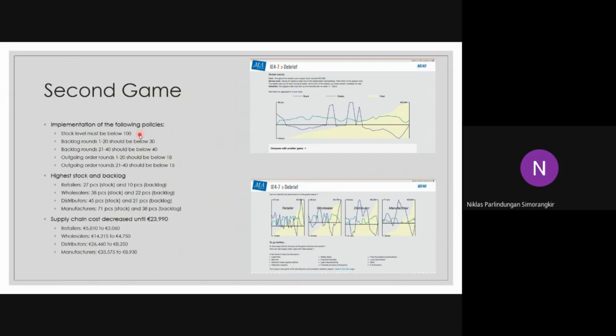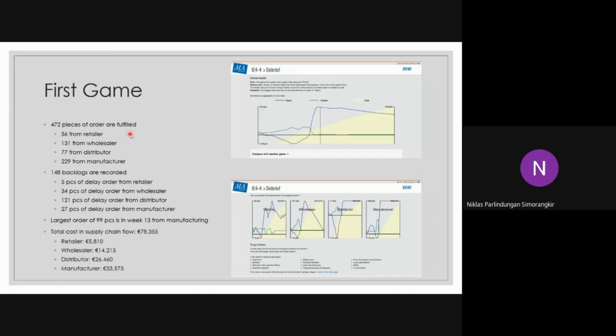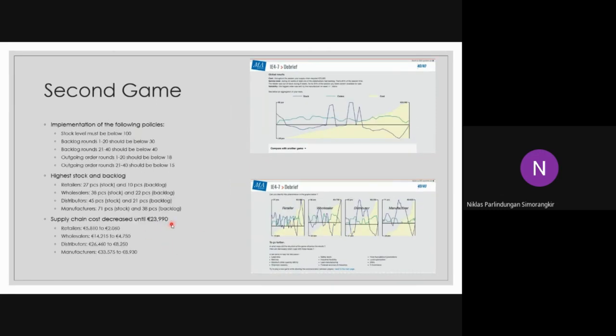And this has a great effect, the implementation of the policies in our second game, because from just 78,355 euros, we managed to move to 23,990 euros. And this effect is greatly felt with the manufacturer, where it decreased from 33,575 euros to only 8,930 euros.